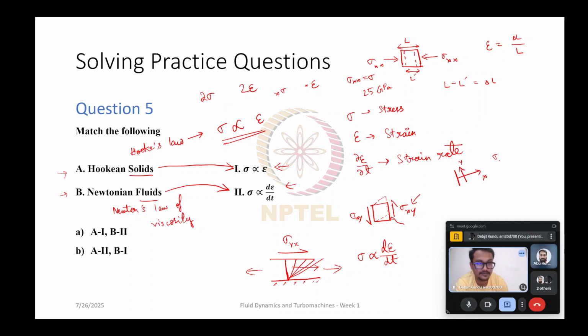So that's why the way to write this is sigma on the x plane in the y direction. First one is which plane or orientation. Then which direction.